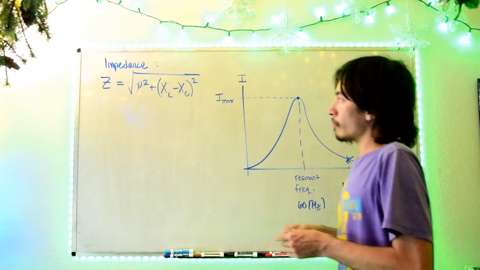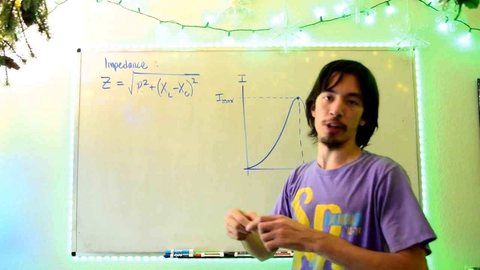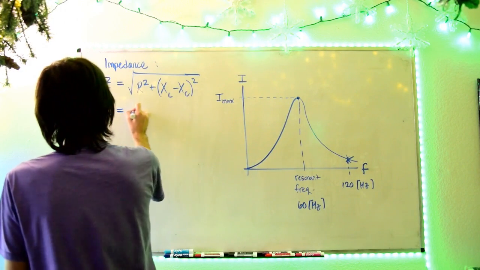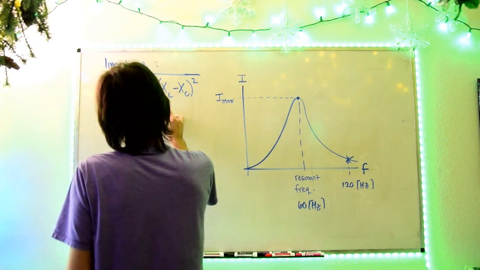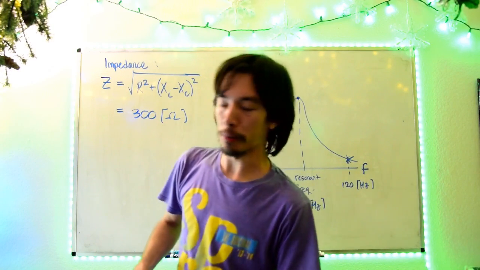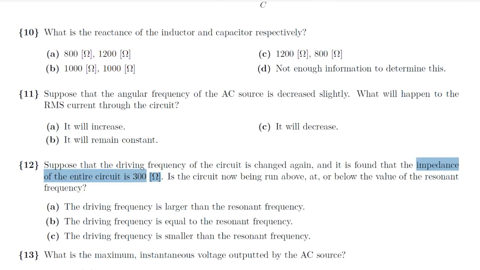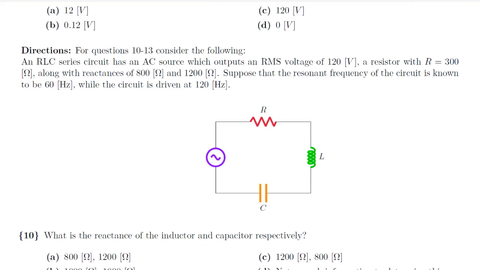Now, if you know that the impedance is 300 ohms in our case, so we know that the value of this is overall 300 ohms. Go back to the values that I gave you in the problem. The values I gave you in the problem consisted of a resistor with a resistance of 300 ohms. That alone should actually already tell you something, but I also gave you the reactances as well.